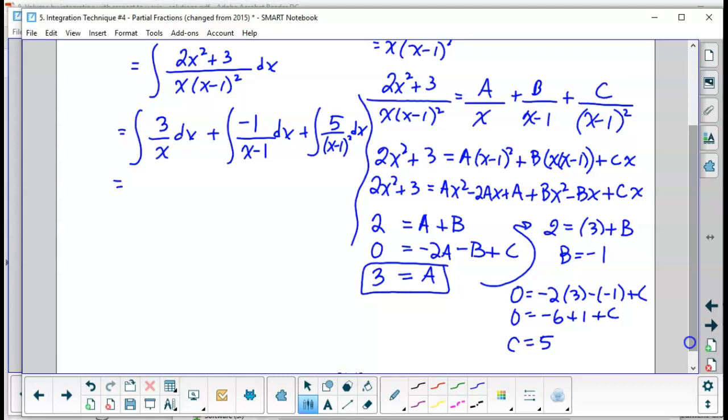Okay. So that's going to be 3 ln x, minus ln of x minus 1. Okay, then here, if you need to do a substitution, it would be u equals x minus 1. So this would be 5, integral of 1 over u squared du.